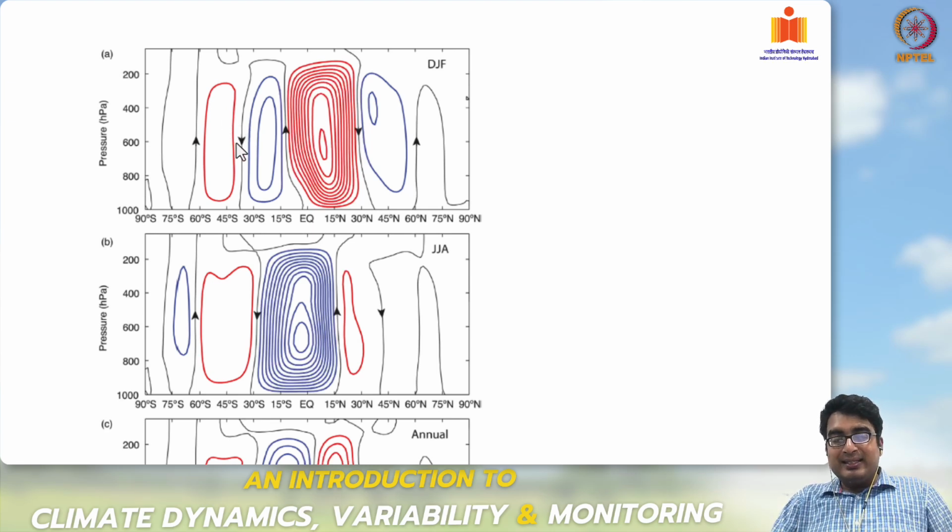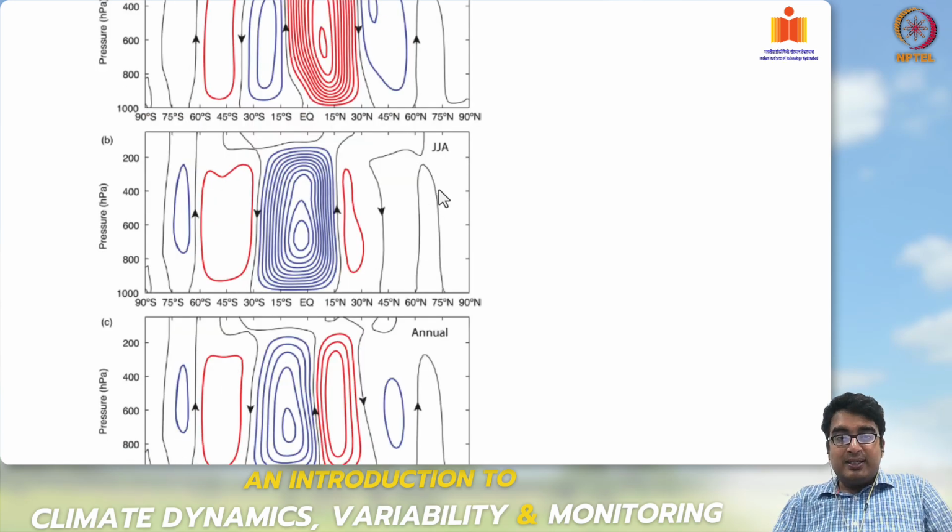So in December, January, February, the convergence zone lies at around 40° south, and in the northern hemisphere it lies around 25° north. And this is the region where you will have strong aloft westerlies.